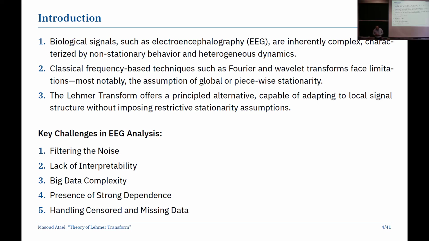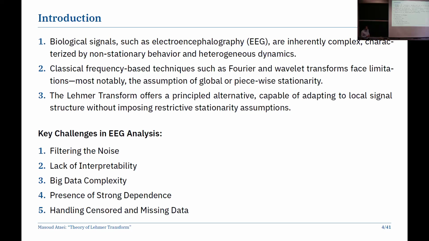Unlike frequency-based methods, the Lehmer transform captures patterns directly from the data without assuming stationarity, which offers a more unified framework for signal processing. It provides a flexible, interpretable, and computationally efficient framework, which could be ideal for EEG analysis.